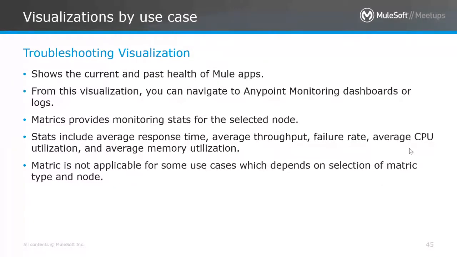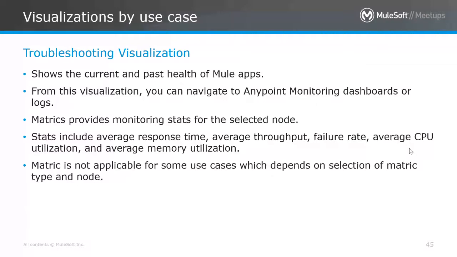From the visualization, you can navigate to any monitoring dashboards or the logs. You can directly select the node and you will see the option to go to the logs of that particular node, or to go to API Manager, and the dashboard also you can reach directly from your visualization pane.